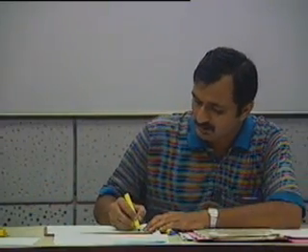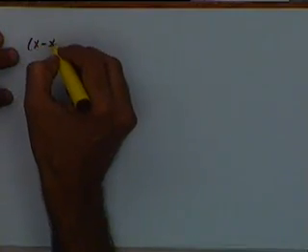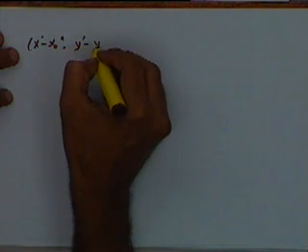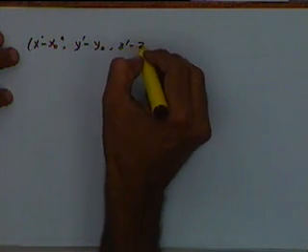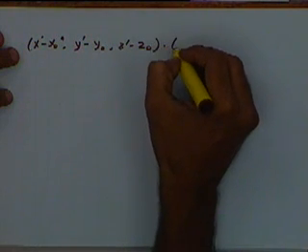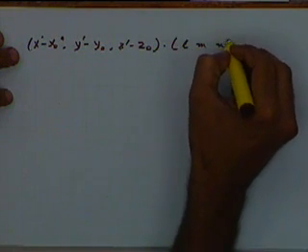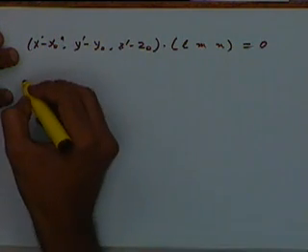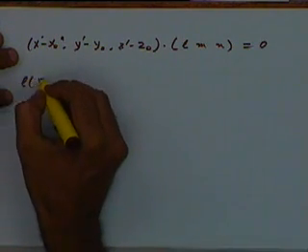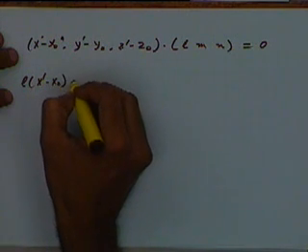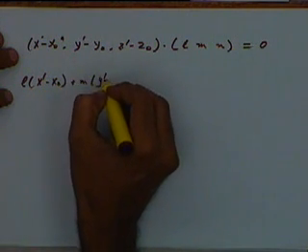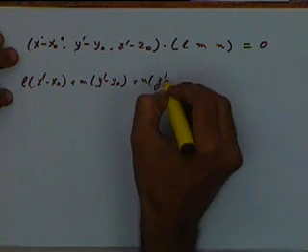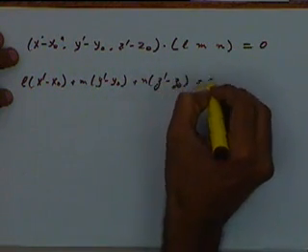That means (x prime minus x naught, y prime minus y naught, z prime minus z naught) dot with LMN is equal to 0. That will mean L times (x prime minus x naught) plus m times (y prime minus y naught) plus n times (z prime minus z naught) will be equal to 0.